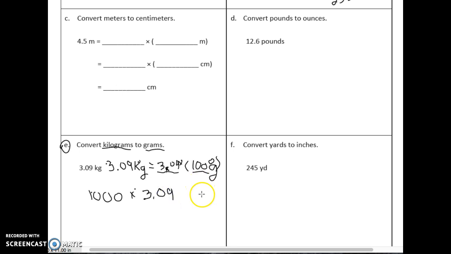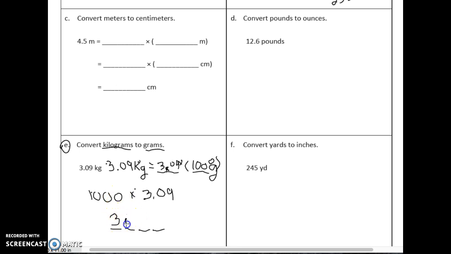And so thinking about, is this going to gain or lose place values when you multiply by 1,000? We know that 3 times 1,000 is 3,000, so it's going to be in the thousands place. In order for that to be the thousands place, we have to have a hundreds place, a tens place, and a ones place. And so we say 3 times 1,000 is 3,000.